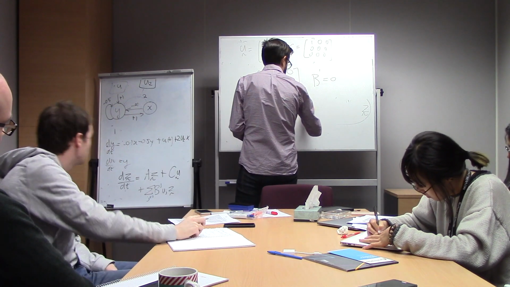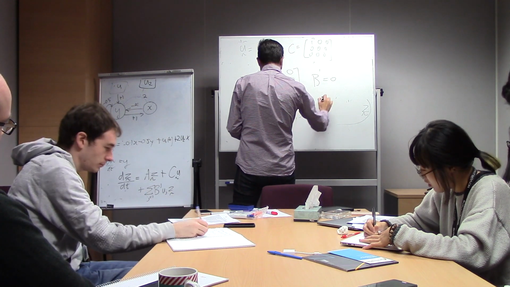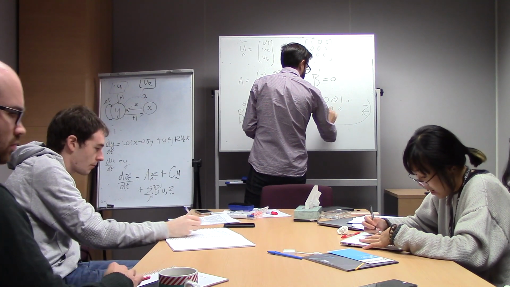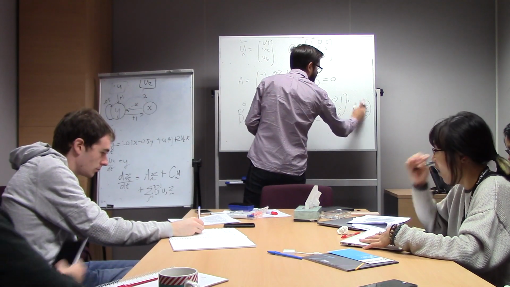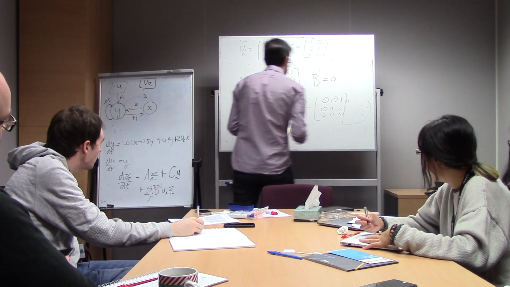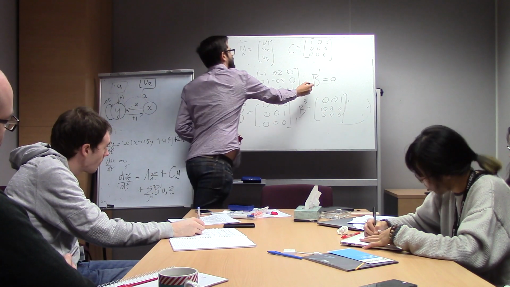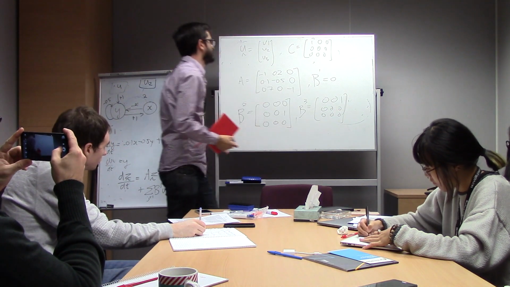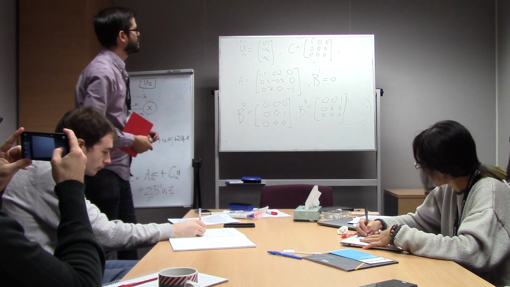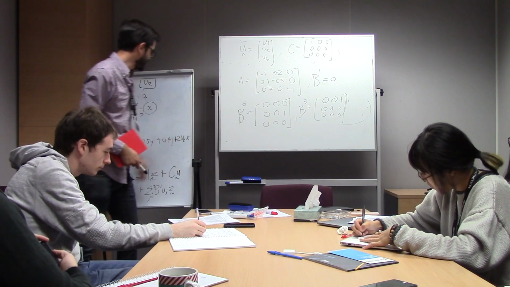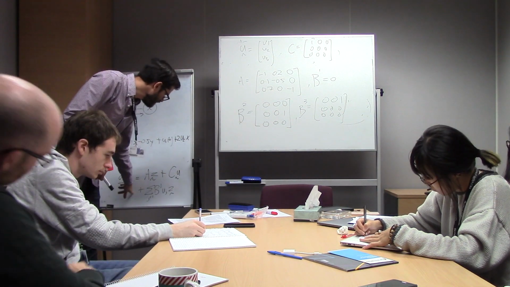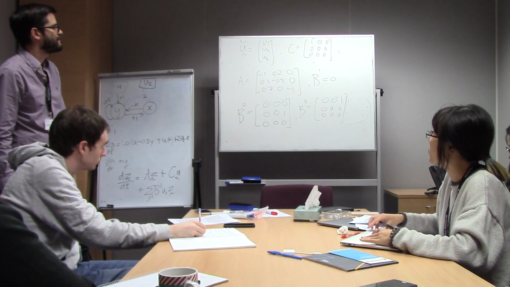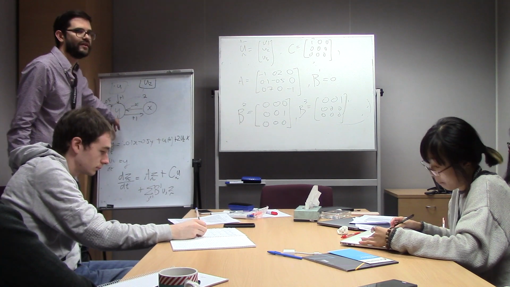And B3 is equal to 0, 0, 1, 0, 0, 0, 0, 0, 0. So by this, we already have a DCM, a model, if you're in this form. I want you to use all these matrices and draw a wiring diagram.